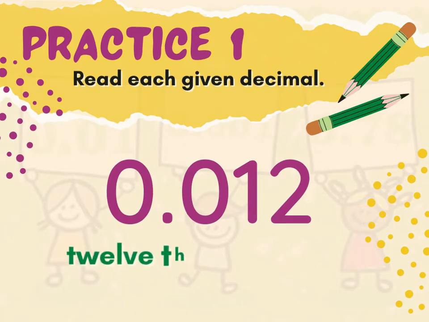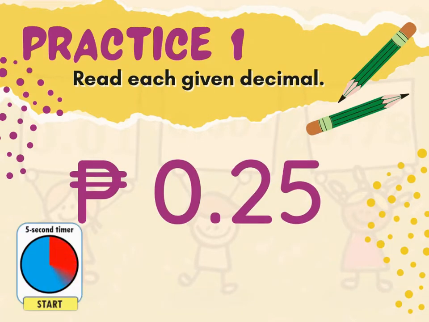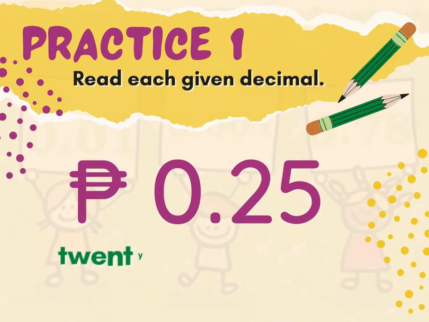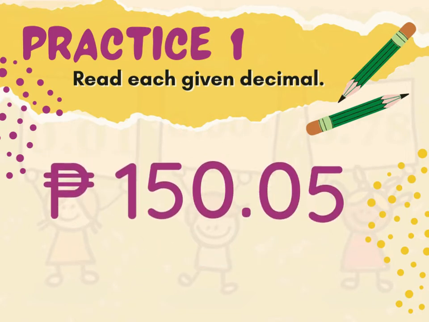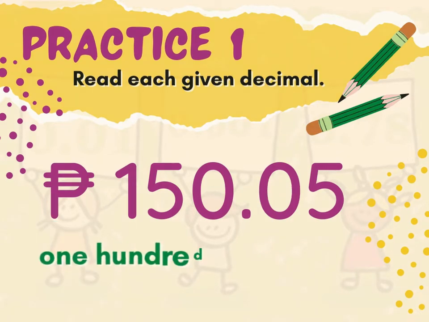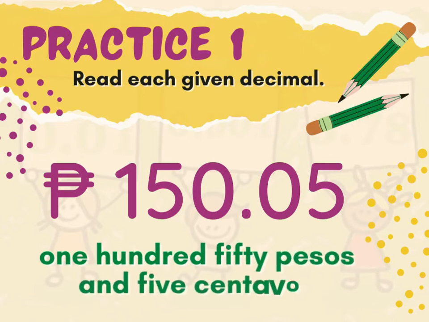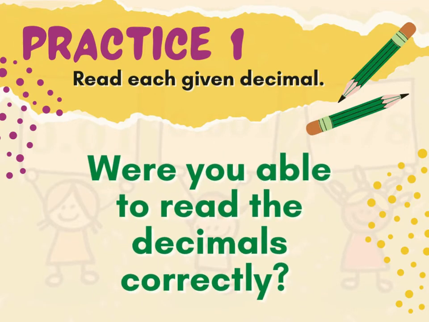The correct way to read it is 12 thousandths. Read this amount. Good job! The correct way to read it is 25 centavos. Try this. Awesome! This amount is read as 150 pesos and 5 centavos. Were you able to read all the given decimals correctly?